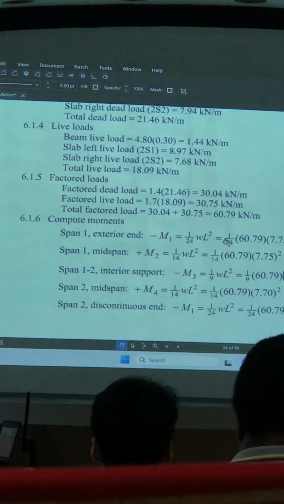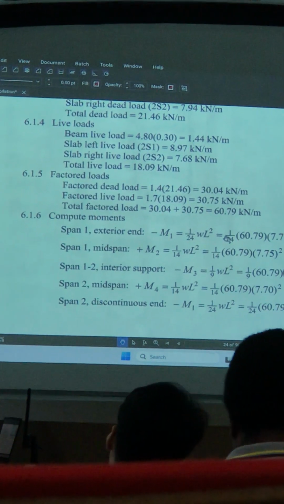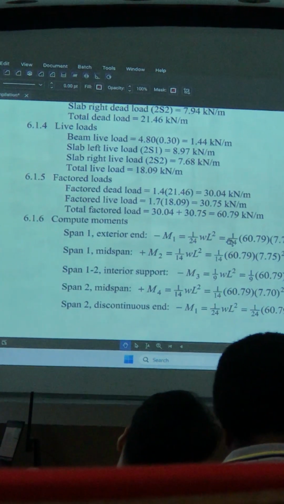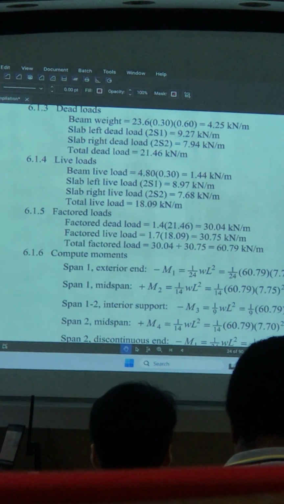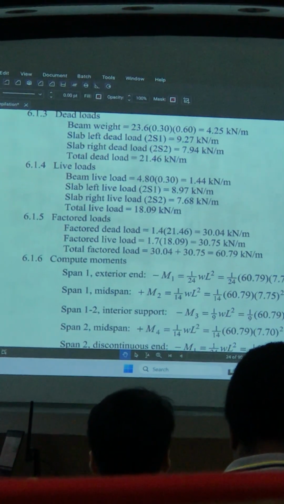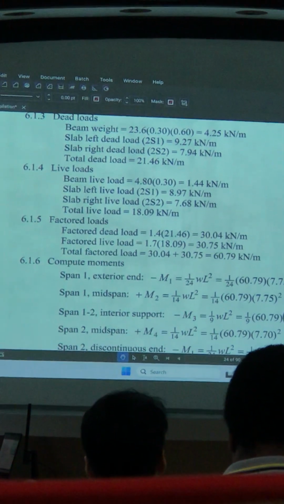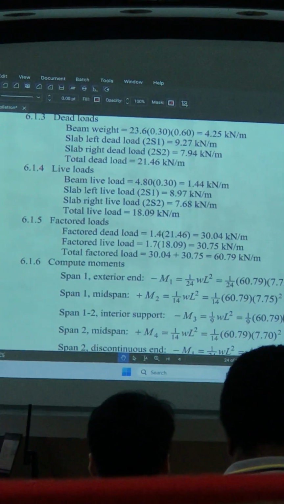So once we have the total factored load, then we apply the ACI moment coefficients for continuous beams and one-way slabs. So we have the moment coefficients. At the discontinuous end, you have 1 over 24 WL squared. Mid span, 1 over 14 WL squared.